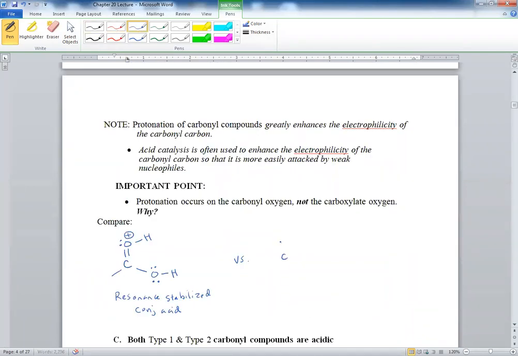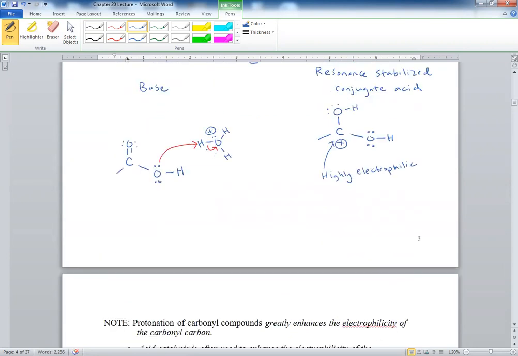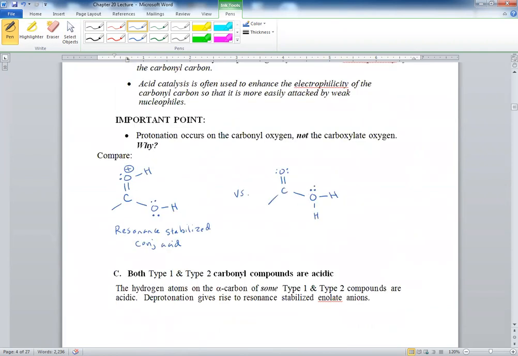So the carbonyl is untouched. But then you would have the carboxylate oxygen with the 2 hydrogens. We added another one. And of course, it would have a positive charge on it.